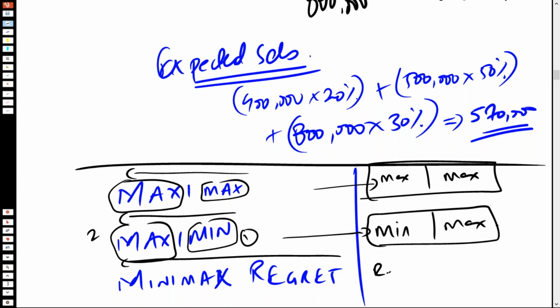Minimax regret. The first thing is you prepare a regret matrix. Then you identify the maximum value out of it. Then you identify the minimum value out of it. So I have given you a technique to remember Maximax, Maximin, Minimax regret, and how you would do it. You got to move this way, this way.